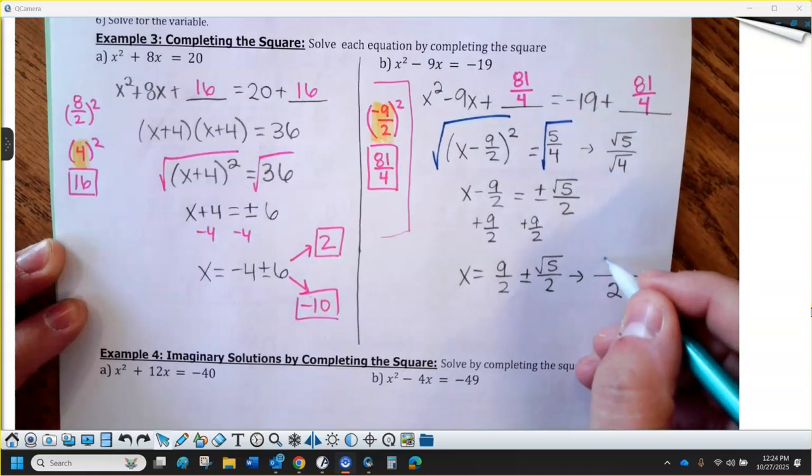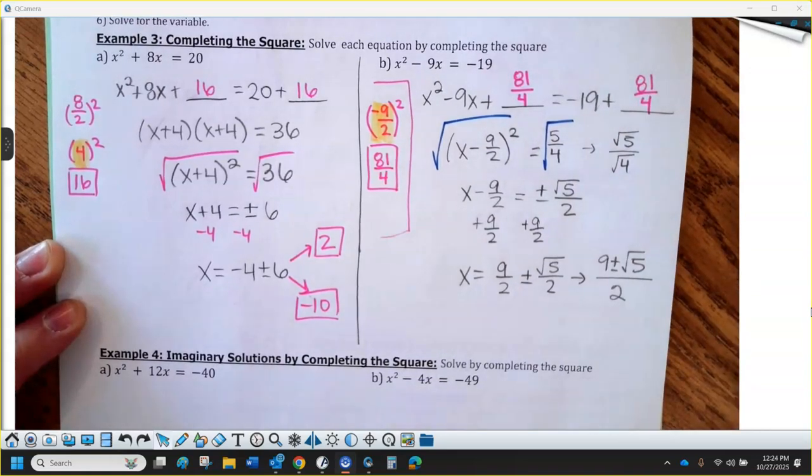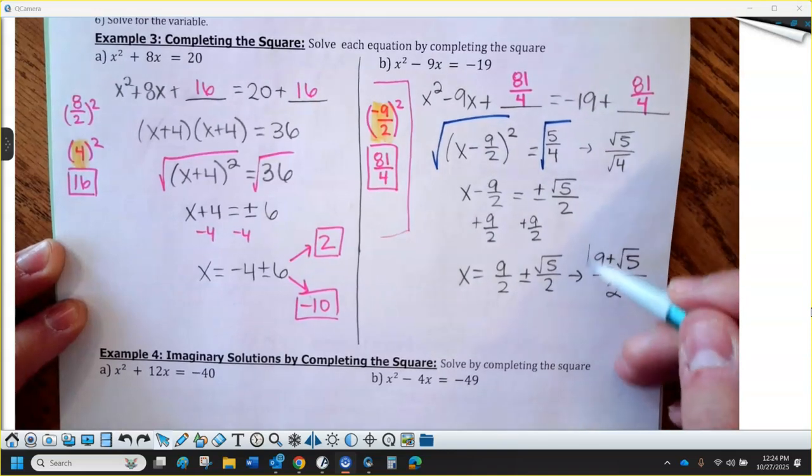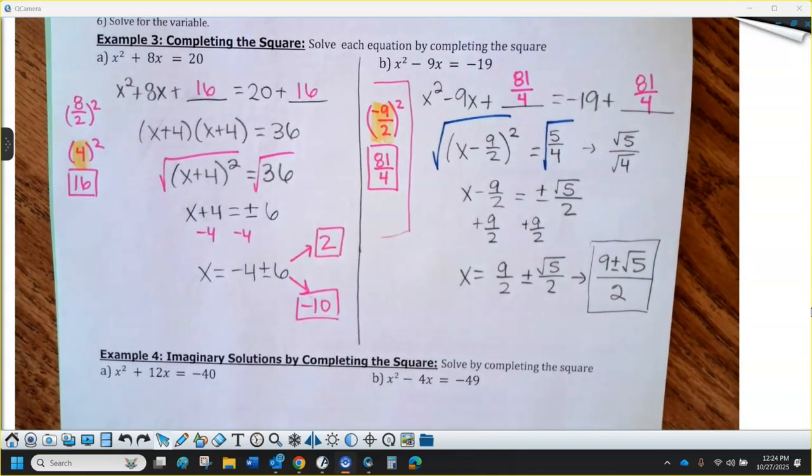The top of it would just be 9 plus or minus that square root of 5. I know you probably haven't done this in a long time, but we'll work on the quadratic formula in this unit. A lot of the time the answer would end up looking something like that. But that's why I want you to leave it as a fraction, because you will be able to combine those, since they should automatically have a common denominator.